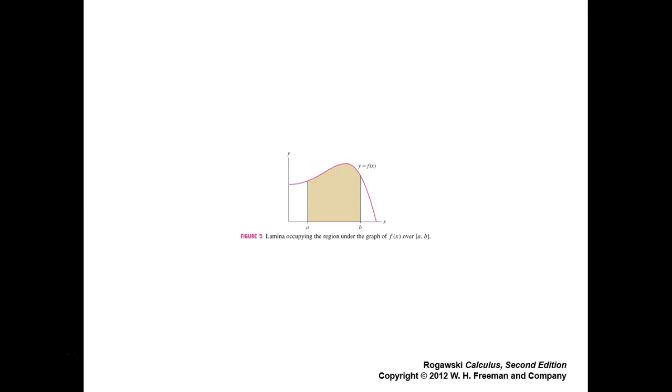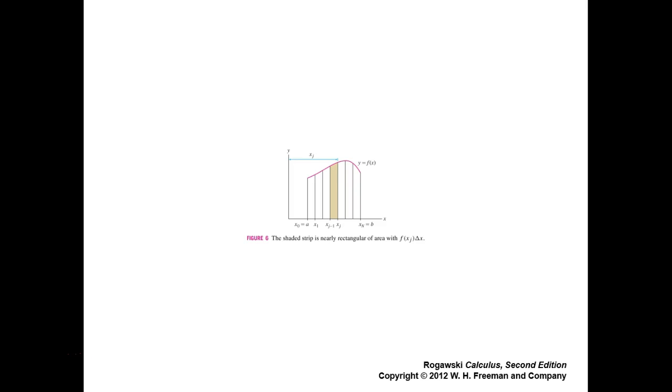What you do is split the a to b into n equal pieces, and the jth piece would be a plus j delta x. That gets you here, and then the height of this is your y value there, f of that x sub j.